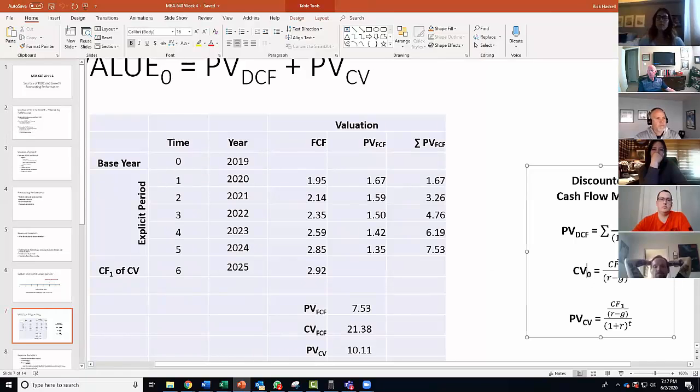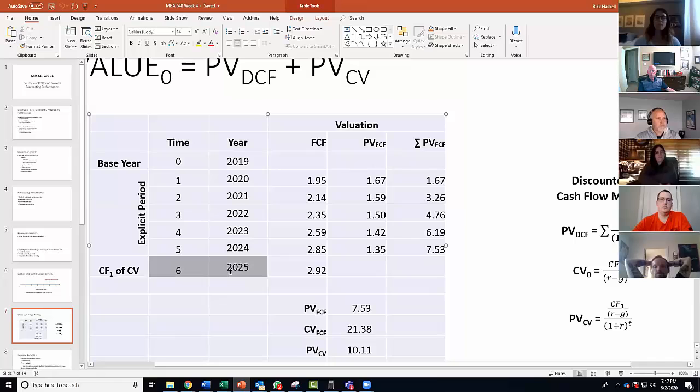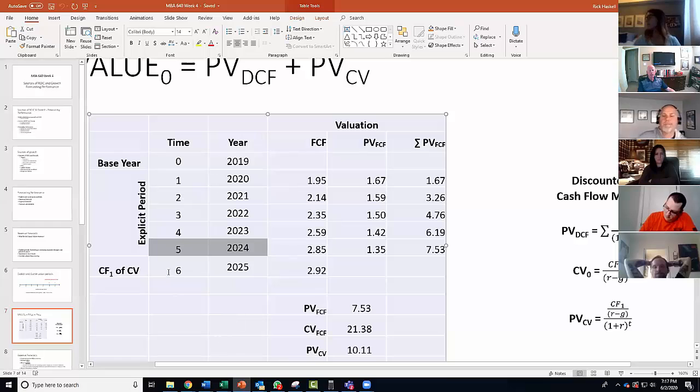And year 0, when this is year 1, is the prior year. So year 0 is the last year of the explicit period that we have counted up through discrete time. Year 1 is whenever the next year is. And I tend to use, for example purposes, 5 years, but this could have as easily been 2 years, 3 years, 8 years, although that stretches the bounds of credibility, but it could have been.